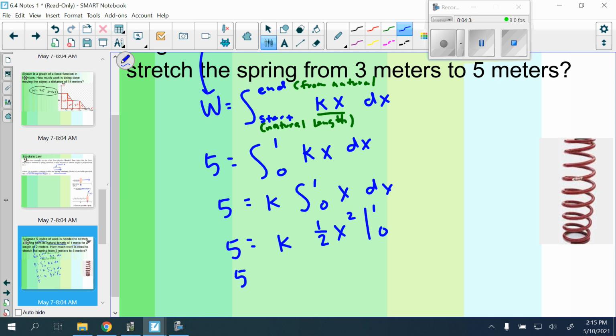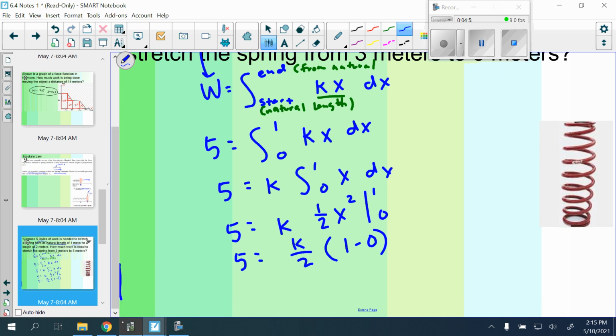If we put that in, I'm going to write this as k over 2, our constant here. 1 squared is 1, 0 squared is 0, which is just going to be 1. So we end up here with k over 2 being equal to 5. If we multiply by 2 here, it looks like our spring constant in this problem is 10.